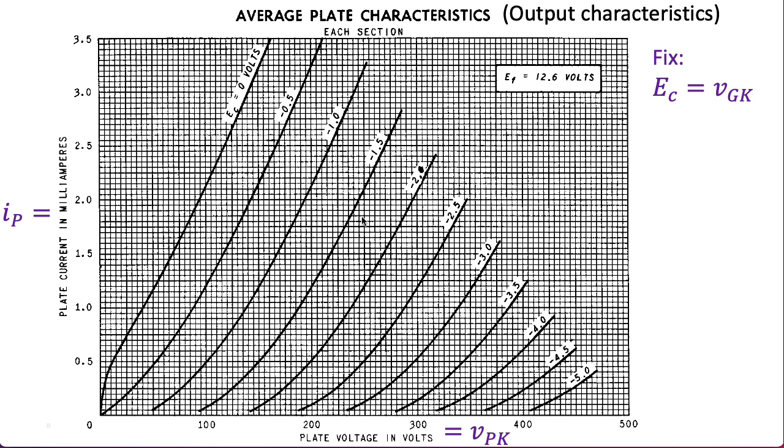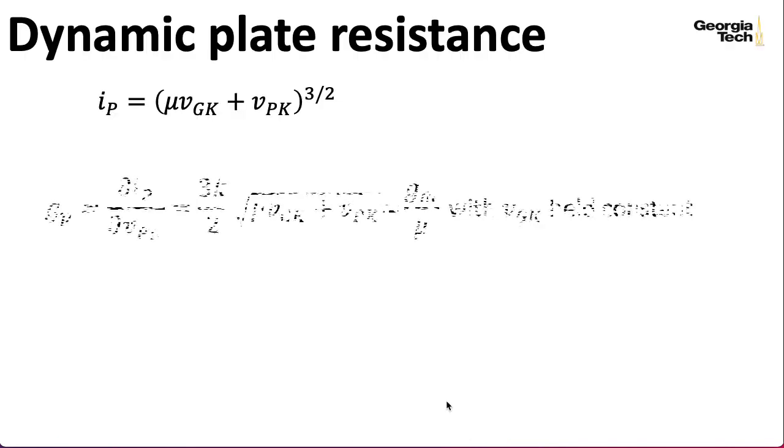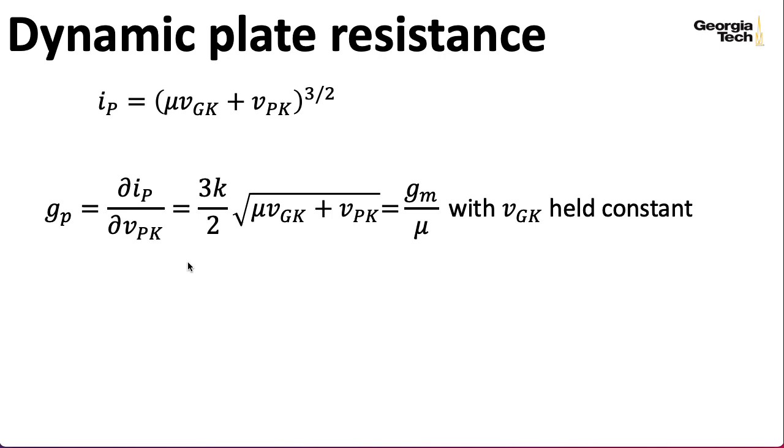The slope of one of these curves, the change in the plate current relative to a change in the plate voltage, defines a plate conductance, which I'm indicating here with a G sub P, and that's the derivative of this expression with respect to the plate to cathode voltage.